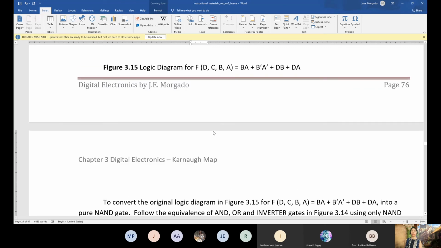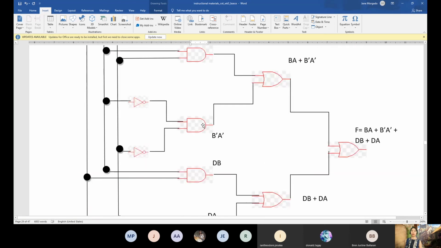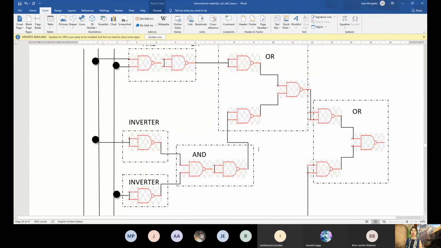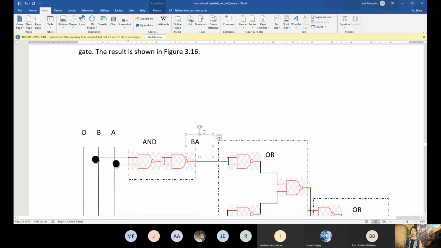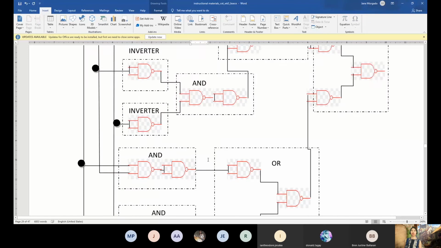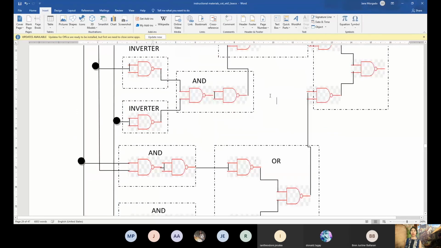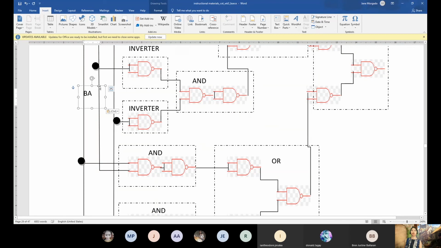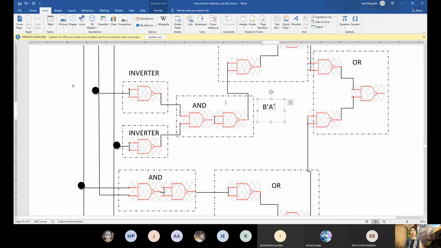Then second, the AND gate for B prime A prime. So we need a B prime A prime, and this is equivalent of AND. As you can see, you have NOR followed by another NOR. So that's the AND.